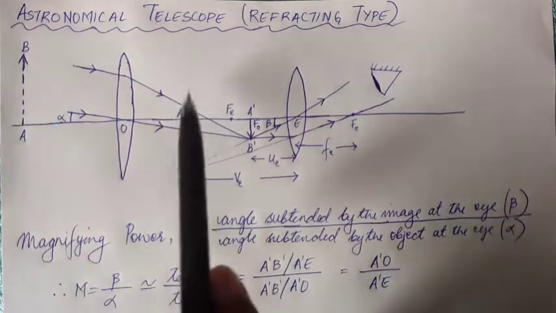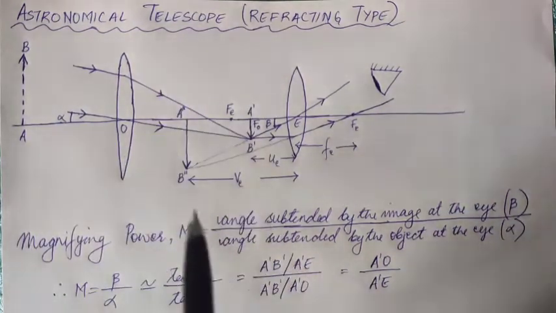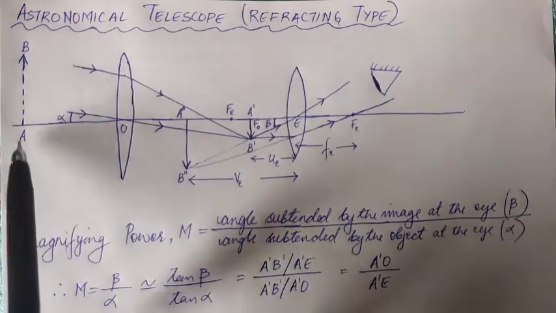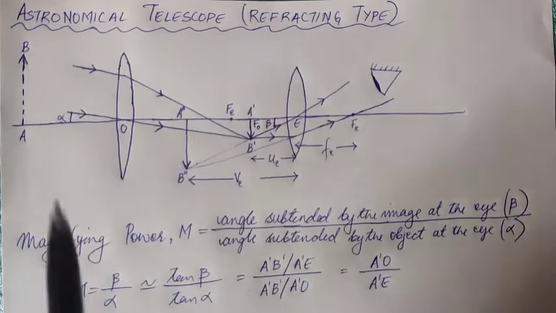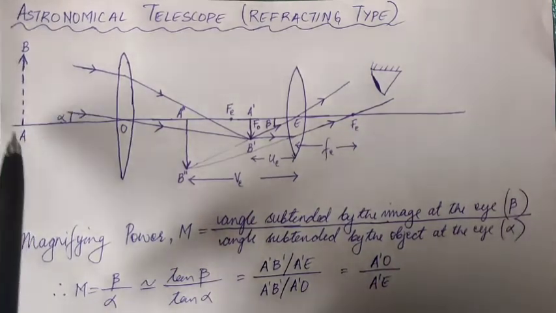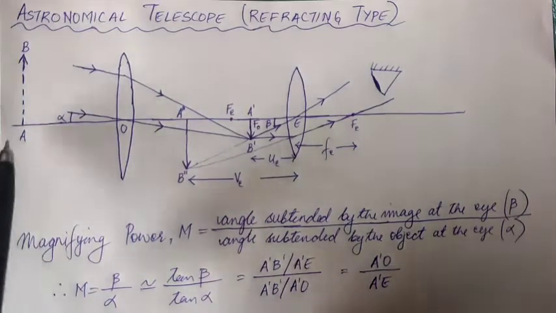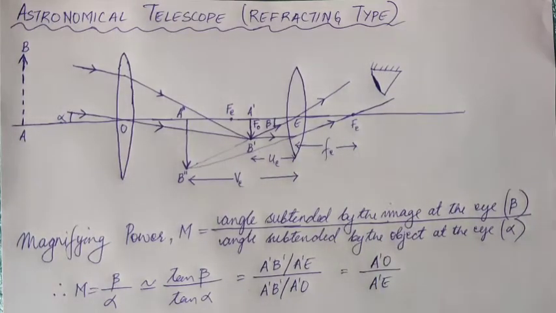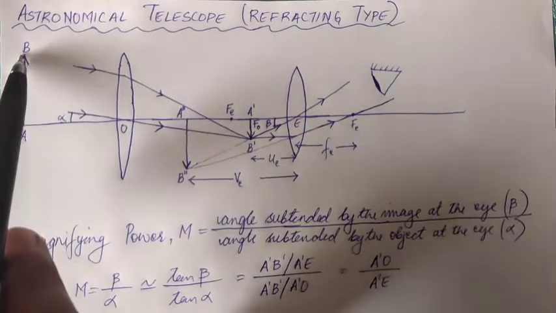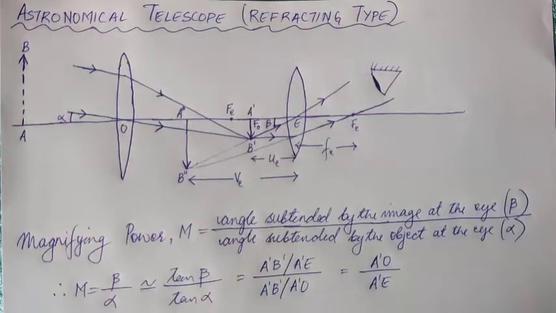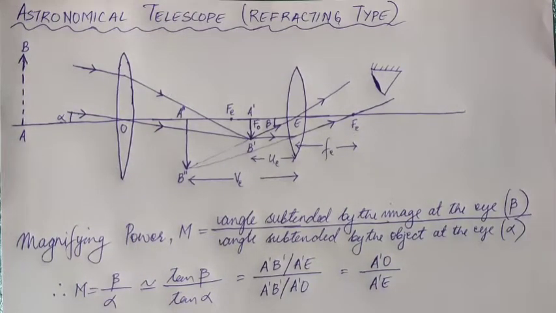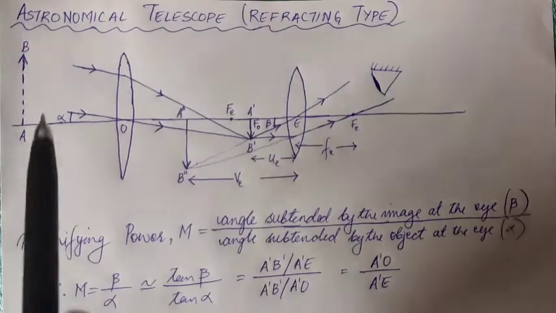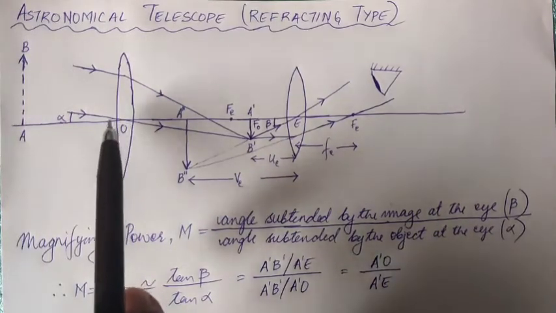In telescopes, you have the object AB, like stars and planets, very big objects, but at infinity, very far away from the telescope, from the eye. In order to get a clear image, we need an objective lens which can collect as much light coming from the object as possible.